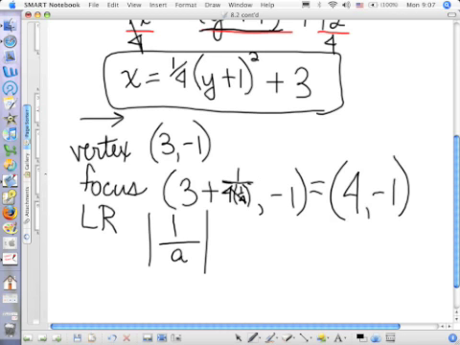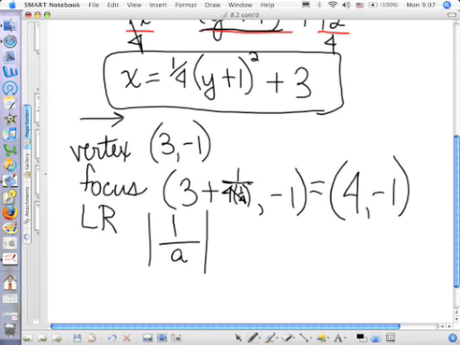Now, why do you think we would take the absolute value of this? Because it needs to be positive because it's a segment with distance. It's telling us how many units this thing is.